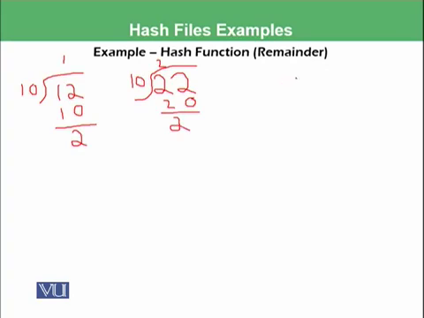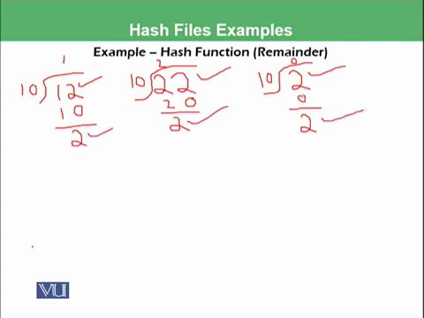And interestingly, if we divide 2 by 10, 10 0s are 0, and we will be left with the remainder 2. So this could be one of the methods to calculate which bucket a record should go to. For example, record number 12, record number 22, and record number 2 should all go into bucket number 2, which is over here.